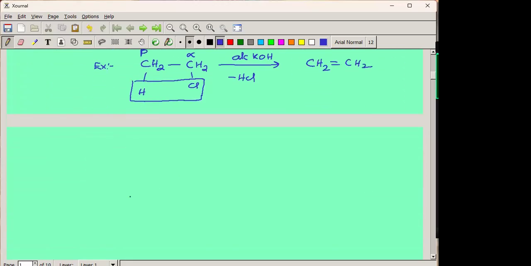So these are the types of beta elimination reactions. So the first type of reaction is E1 mechanism or E1 elimination reaction. So already we discussed SN1 and SN2 reactions. So well known to us the SN1 and SN2 reactions. So same like SN1 reaction, these are considered as unimolecular elimination reactions.